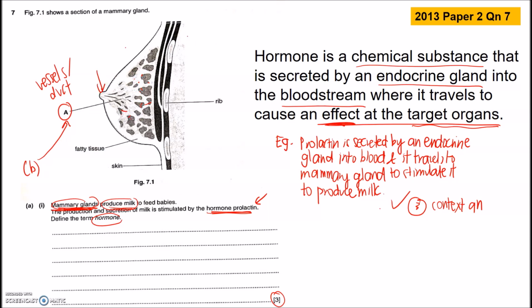What possibly can come out from the breast? There's only one thing, and it's already inside here. Okay, so the function of A will be to transport milk from the mammary glands to the nipple. Alright, or out of the body to reach the baby.